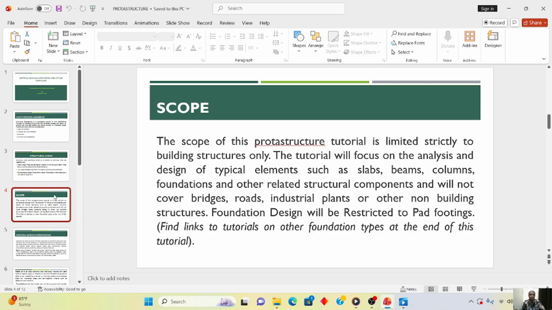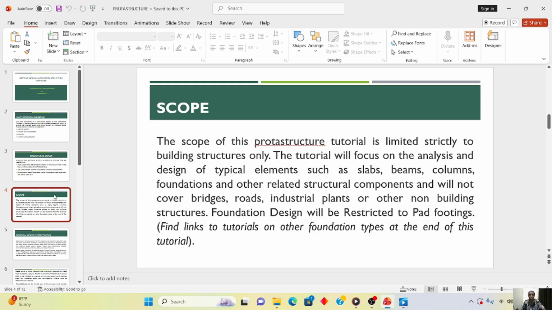We have bridges, we have dams, etc. Now, Protastructure is actually meant for building structures, but can be used to do other structures also, but mainly it is limited strictly to building structures. The scope of this Protastructure tutorial will be limited strictly to building structures alone.